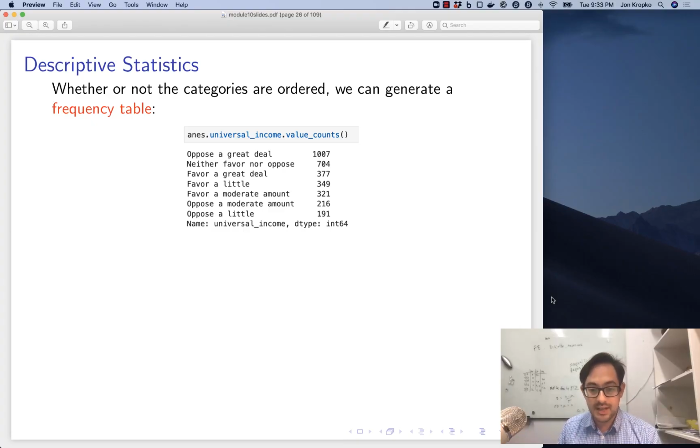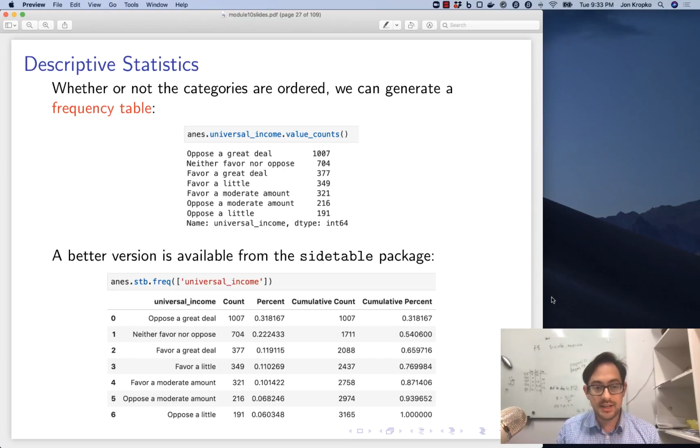There's a package called side table, and side table has a method called freq, F-R-E-Q for frequency, and it gives the same information, the same counts, but it also gives the proportion, the cumulative count, and the cumulative percent. Now, cumulative only matters if these are in order, but they're ordered from most frequent to least. So, still, it's prettier information and more information than we get from value counts.